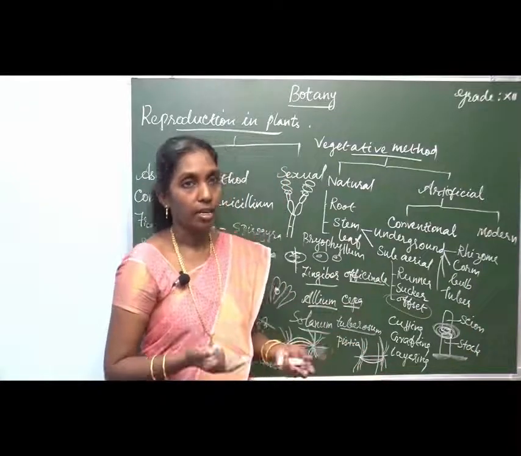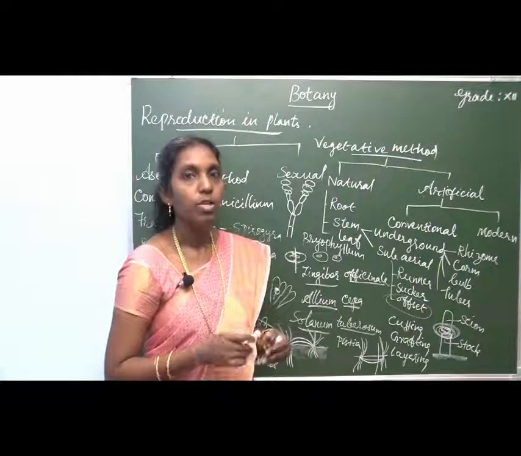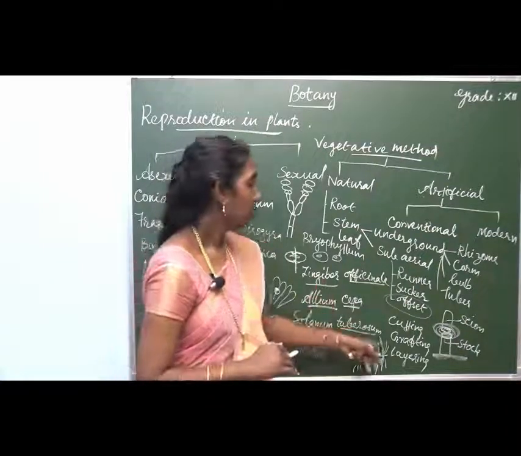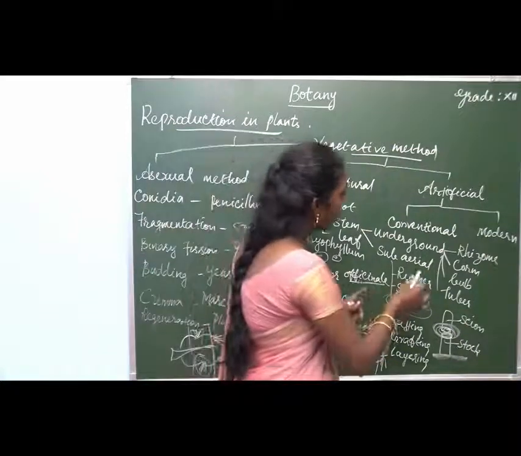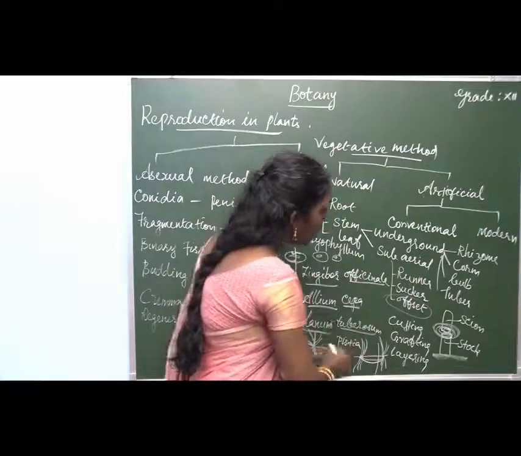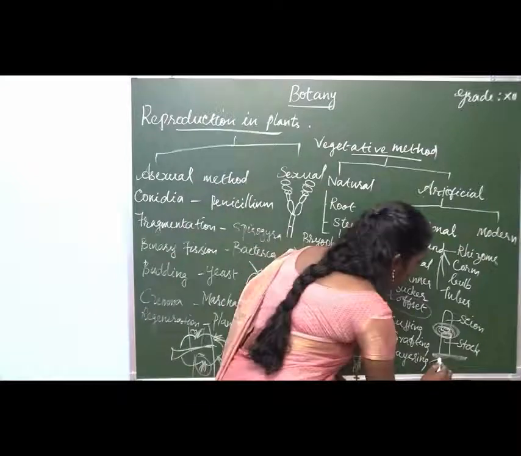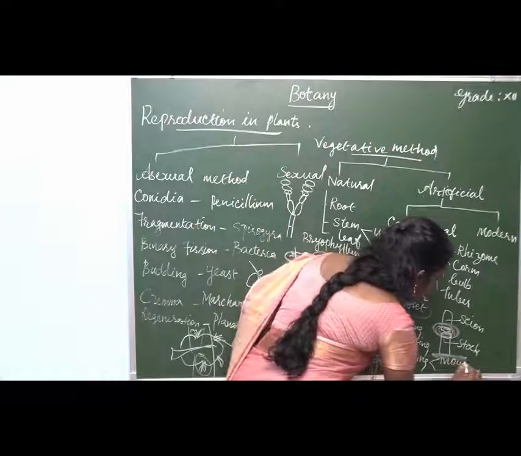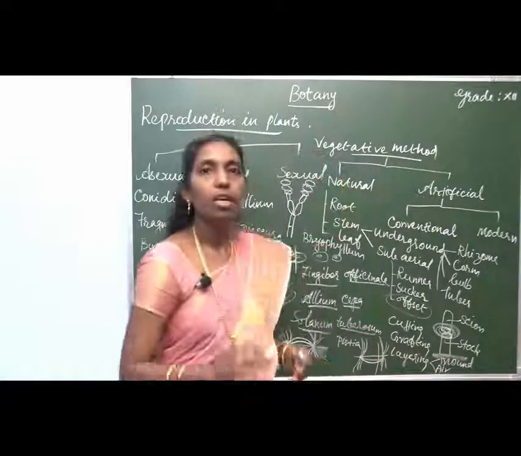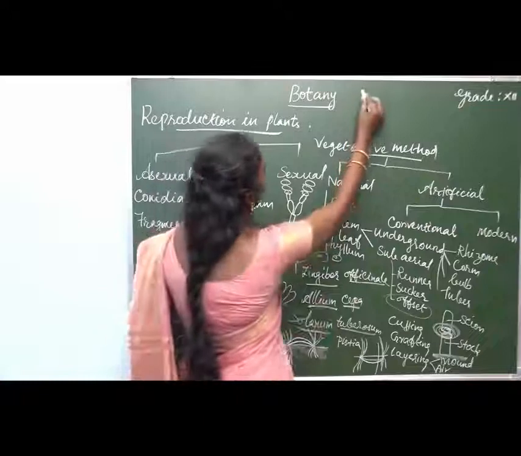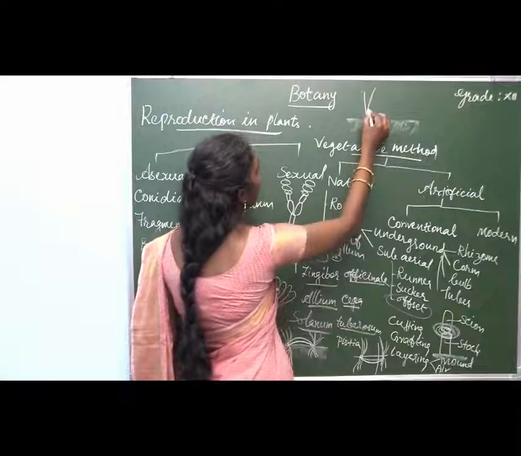Then layering. Layering is also a very common method. We used to layer the jasmine plant. In layering, there are two different types, mound layering and air layering. In mound layering, here this is the soil, here is the plant.